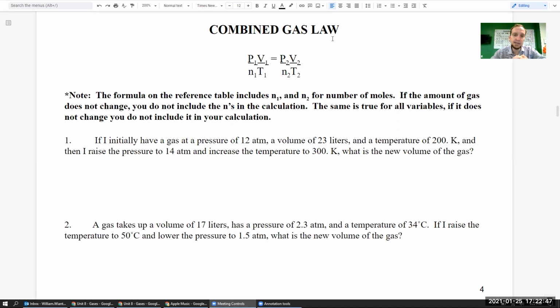Now, because it is four different relationships in one equation, we don't always get every single variable in the problem. Let's say, for example, that the problem makes no mention of moles. If the problem makes no mention of moles, do not include the N's. Leave N1 and N2 out.